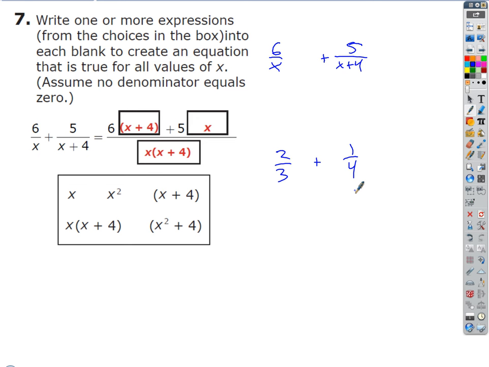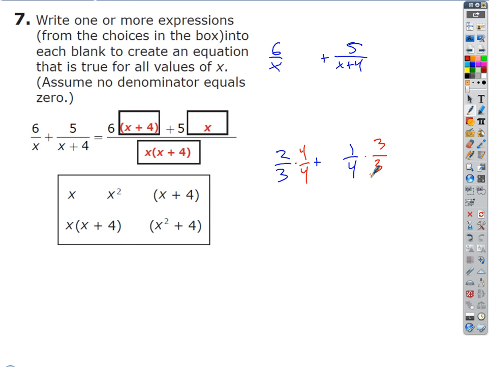In fact, the easiest way to get a common denominator, and it doesn't have to be the smallest one necessarily, would be to multiply this one top and bottom by whatever's on the other denominator. And whatever the denominator was over here, multiply the other fraction top and bottom by that. Same thing up here.